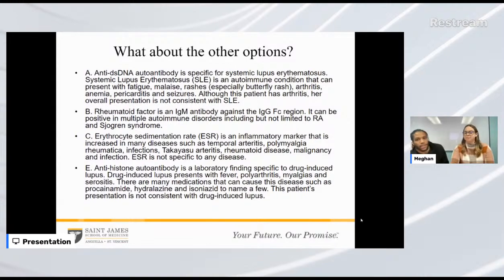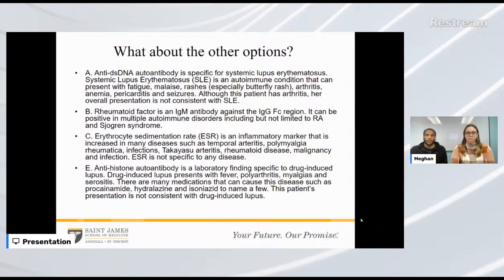Not very specific to any one disease, even though it is named rheumatoid factor, and classically we associate it with rheumatoid arthritis. ESR, like I said, is an inflammatory marker, so it's going to be present in lots of diseases. Plenty of them are listed here: temporal arteritis, polymyalgia rheumatica, infections, Takayasu arteritis, rheumatoid disease, malignancy. Again, not specific to any one disease.